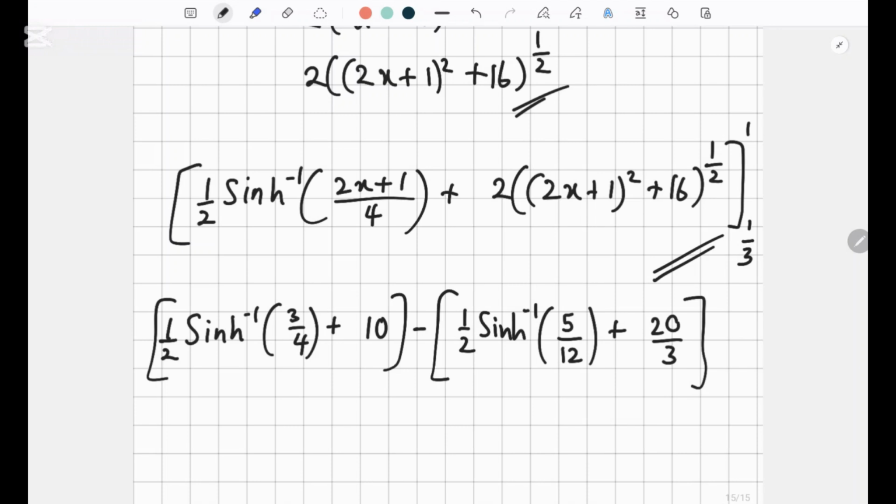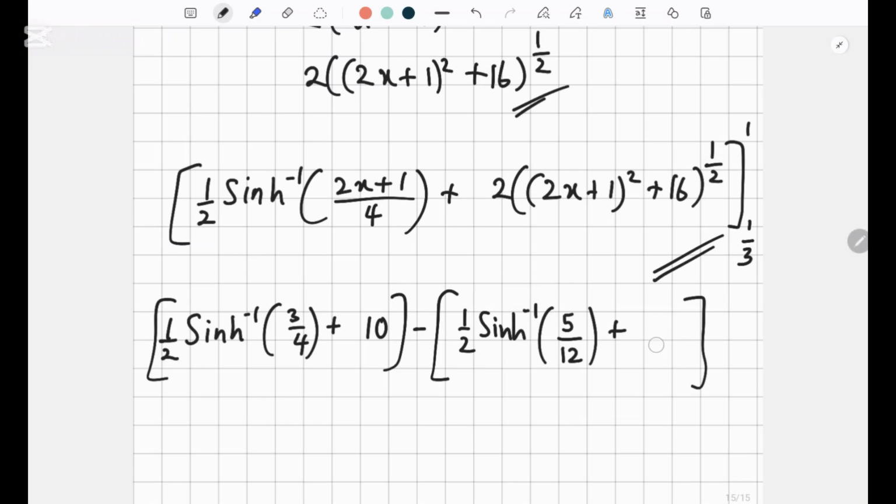Then multiply them by 2. 2 over 3 plus 1 squared plus 16.